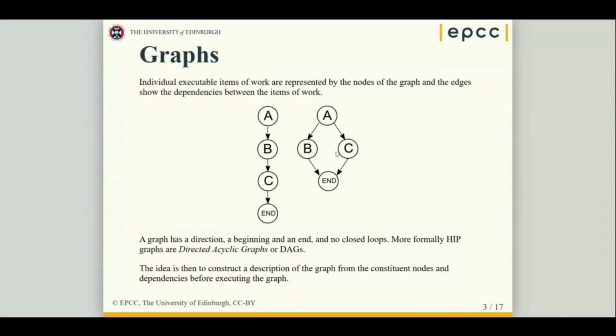Once kernels B and C finish, we reach the end. This is a type of graph that has a direction. You see the arrows, beginning and end, and there are no closed loops. This type of graph is called a DAG, a directed acyclic graph, because we have direction and we don't have closed loops.